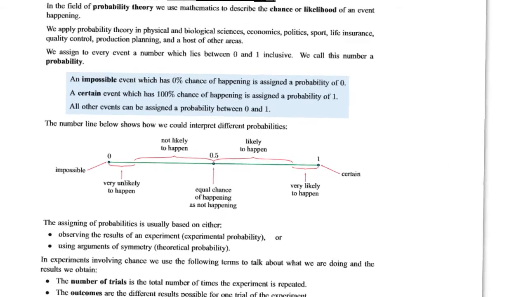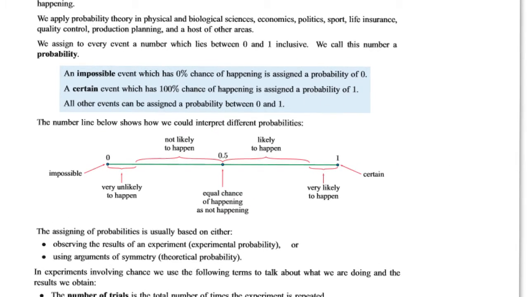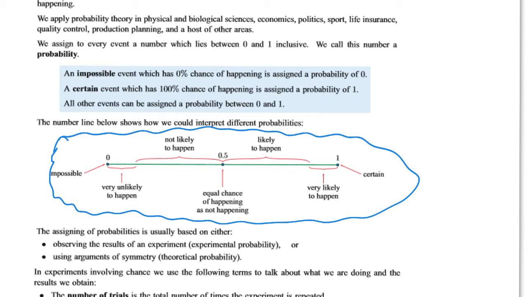Some introductory notes are that when we express probability, it's always going to be a number between 0 and 1. So if you look at this little chart right here, probabilities of 0 would be associated with an event that's impossible, and probabilities of 1 are associated with an event that's certain.